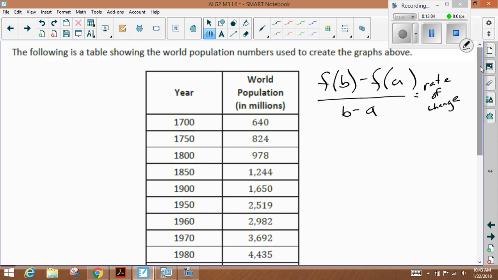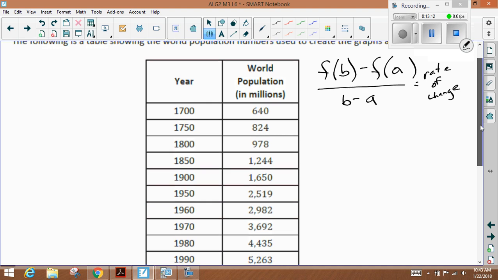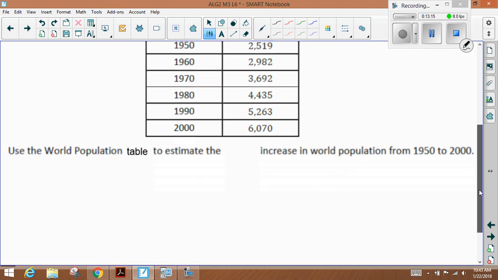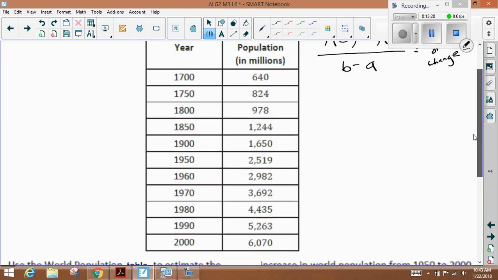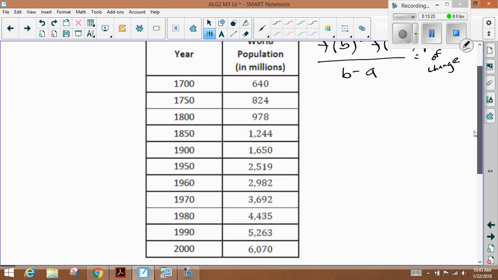Okay, so essentially, well, let's go ahead. I'll label these things on here. 1950 to 2000, okay? Where are we at? 1950. And I am so sorry that there's nothing like this in your book. I'm going to call this A, and that's B, okay?